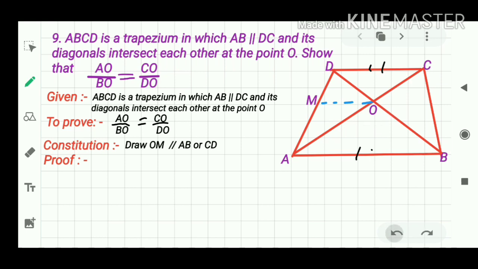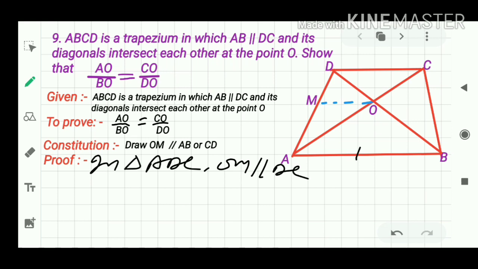In triangle ADC, OM is parallel to DC. OM parallel to DC.